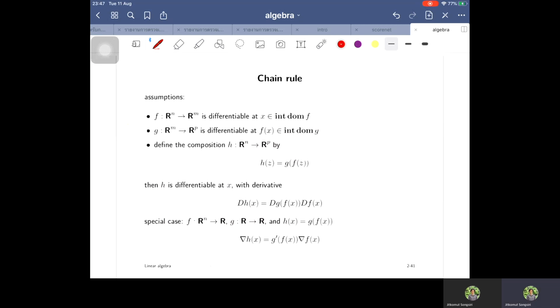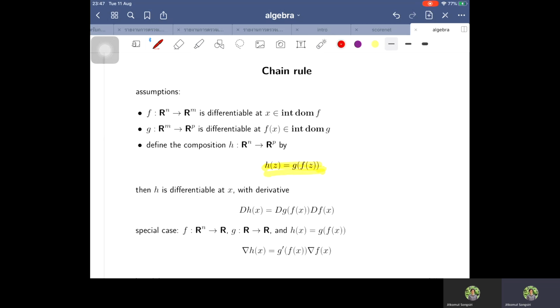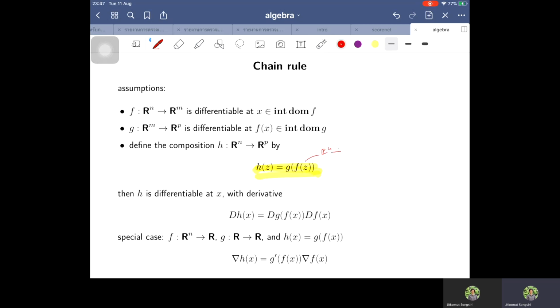Now, a lot of the time we're going to see composite functions. Your f maps from Rn to Rm, and your g maps from Rm to Rp. In that case, your h maps Rn to Rp. Everyone knows the chain rule, and we're going to apply it to take the derivative of h.